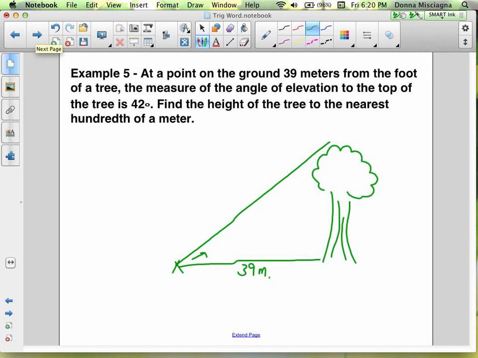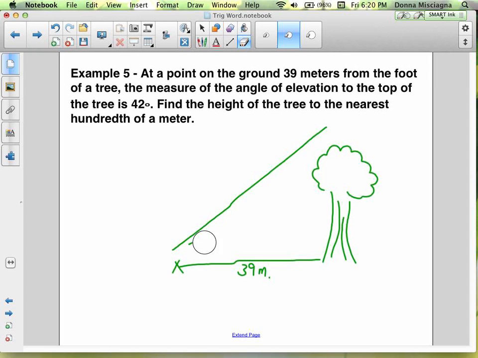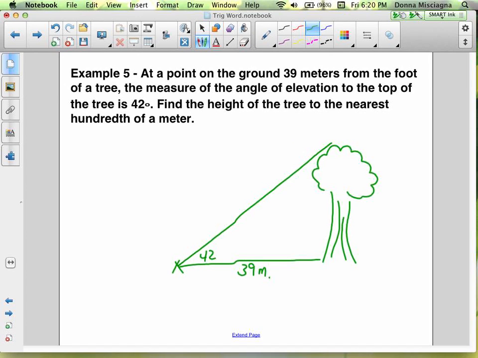All right, so that angle there is 42 degrees. I'm going to move that arrow. No, I guess I'm not going to move the arrow. Whoops. And there goes my eraser. All right, so this angle here is 42 degrees.